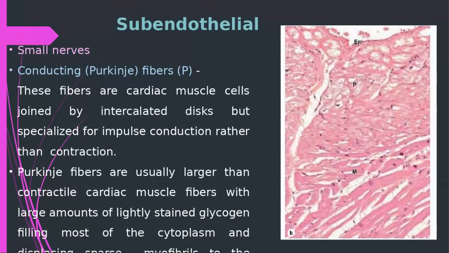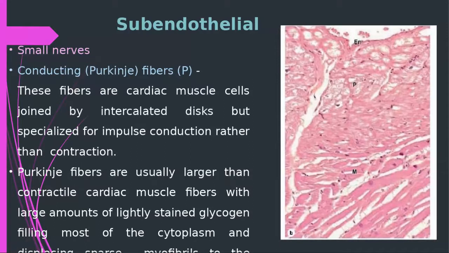It has to pump blood day and night, 24 hours. So for that, there has to be a conducting system which helps in the normal pumping action of the heart. That conducting system basically consists of Purkinje fibers. So you have to remember that, it is important.